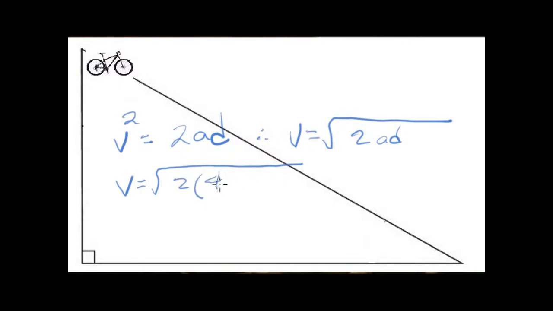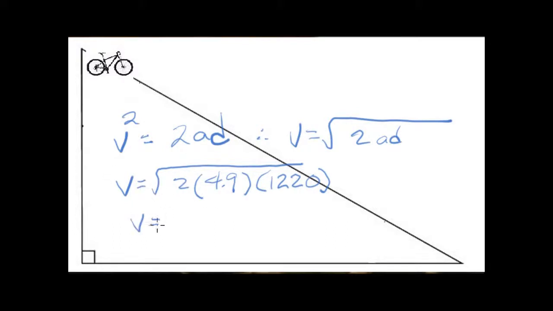we know that our acceleration, I'm going to leave the units out, was 4.9 meters per second squared. We know that the distance that our biker took to get down the trail was 1,220 meters.